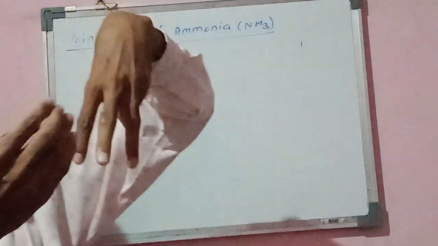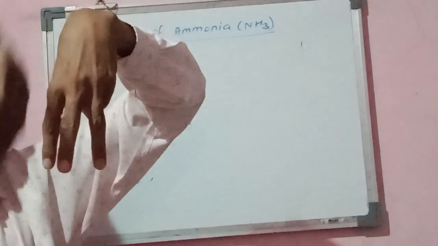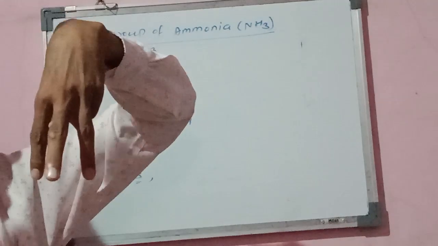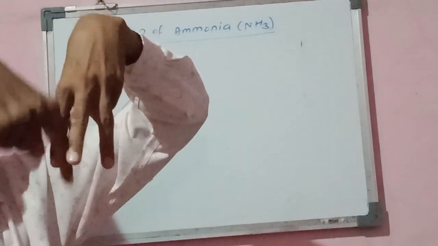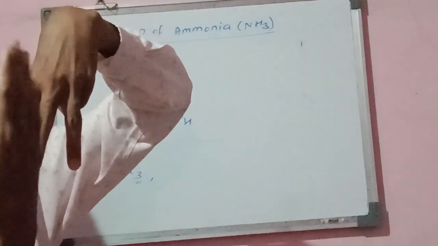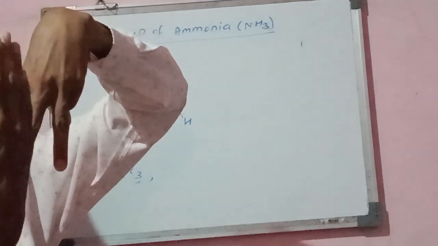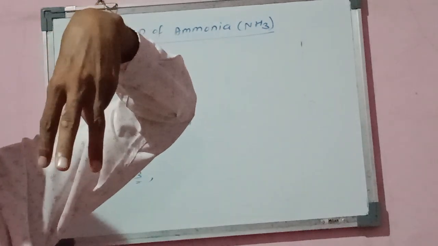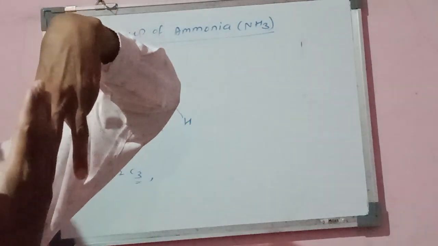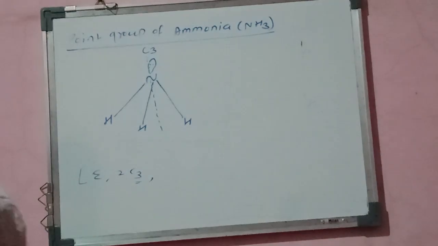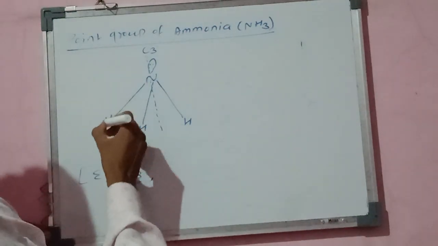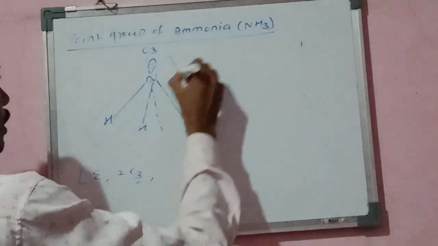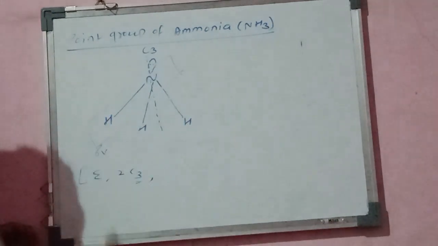See here, this plane is parallel to the principal axis of symmetry, that is the C3 axis, this vertical C3 axis, and this plane and the C3 axis are parallel to each other, and therefore this plane of symmetry is considered a vertical plane.